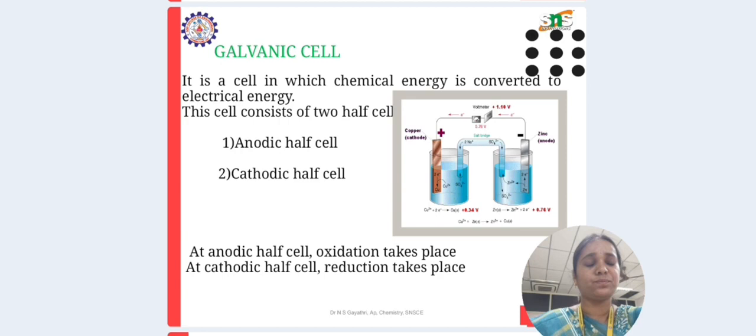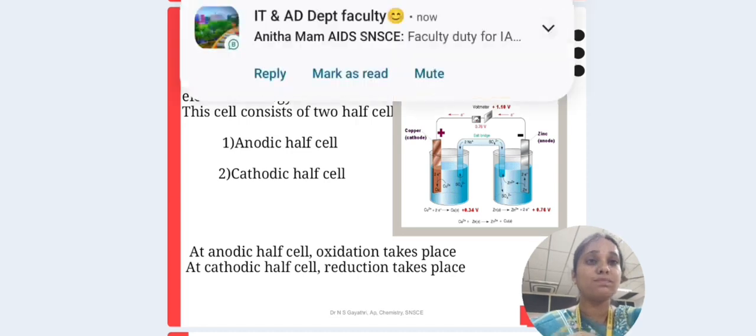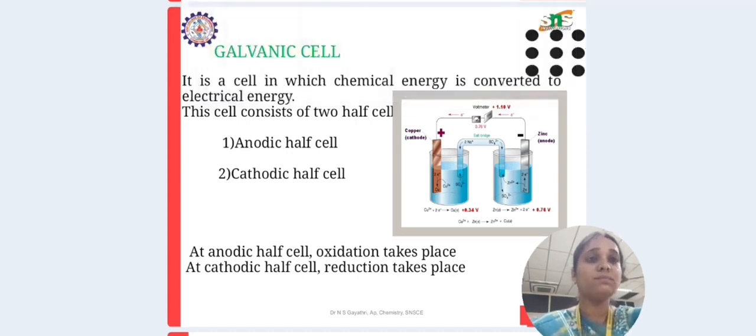In the pictorial representation, both electrodes are connected with a voltmeter to find out the voltage produced. The two compartments are combined with a salt bridge, which is a U-type salt bridge filled with agar-agar or KCl for the movement of ions.